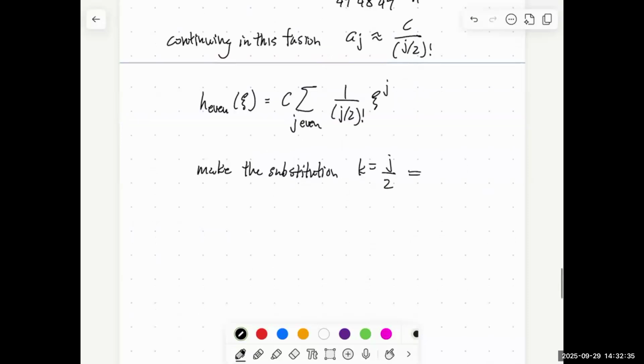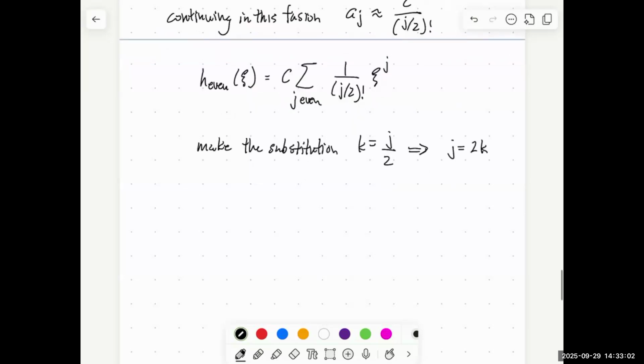So that means J is 2K. That's going to be a nice substitution because now J over 2 is just K factorial. And if I want to sum over even values of J, I should sum over all values of K. Because if I put K equals 1, J is 2. K equals 3, J is 6. So it's still only the even values of J.